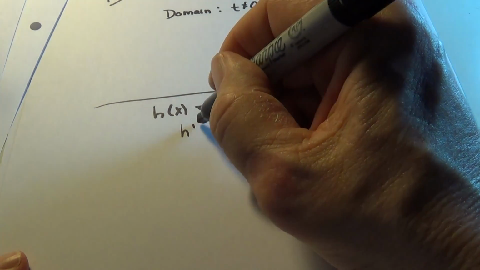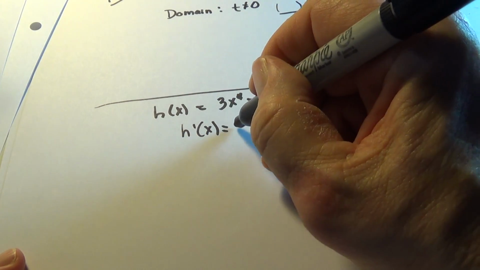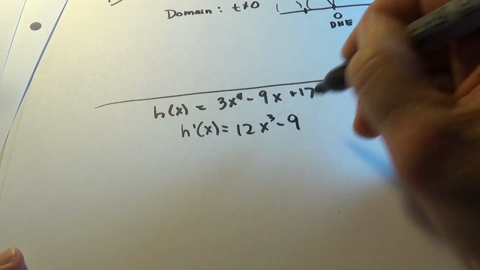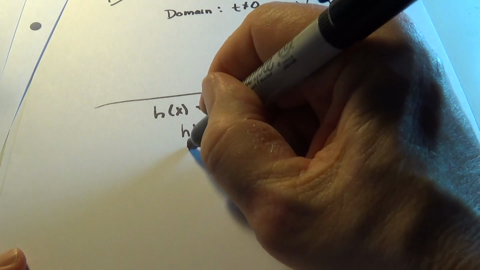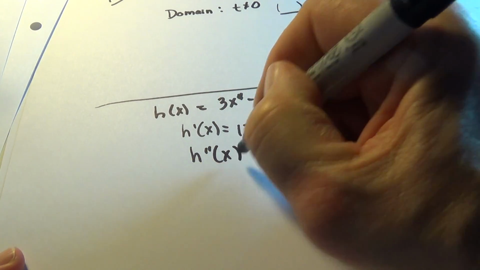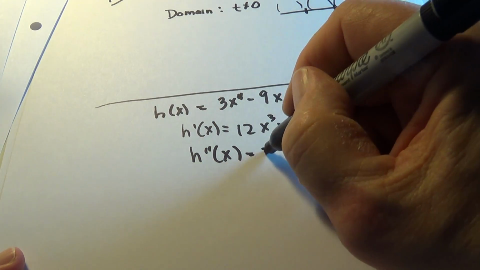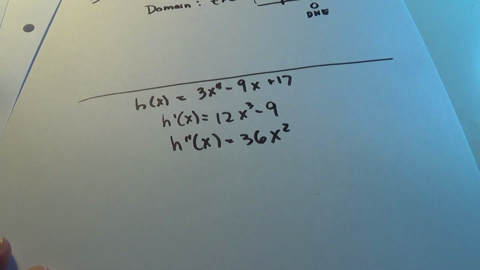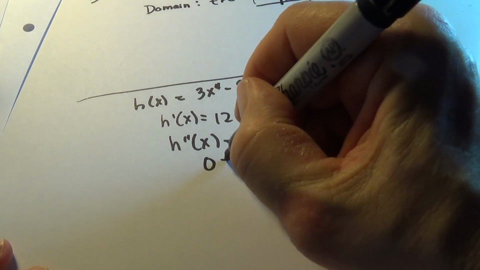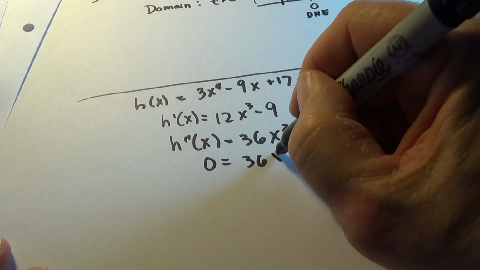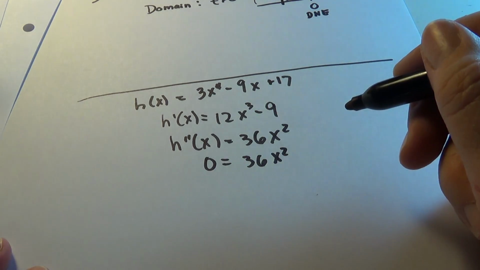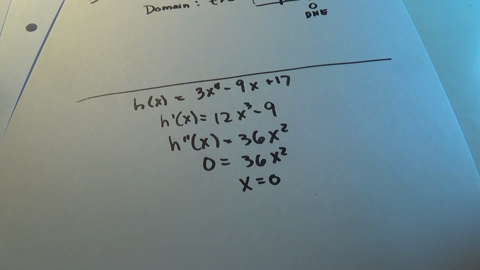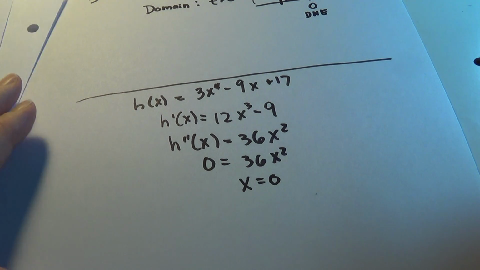So first derivative, 12x cubed minus 9. Second derivative is 36x squared, and setting that equal to 0, I get x equals 0. It's the only value that would cause that to equal 0.